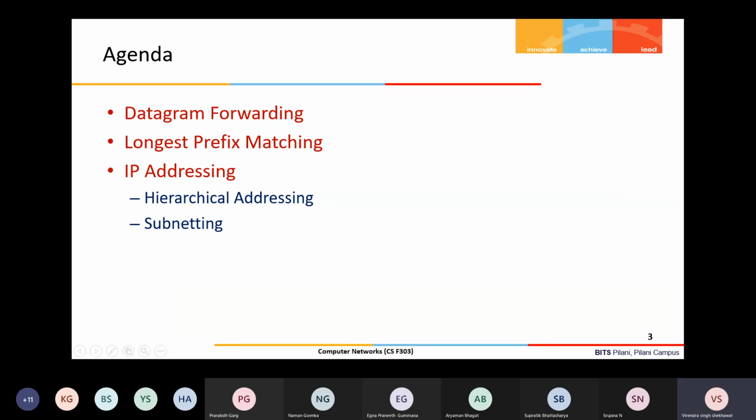We will start today's session with longest prefix matching, which is used by the router, and then IP addressing, how IP addresses are assigned, the concept of hierarchical IP addressing, and subnetting.